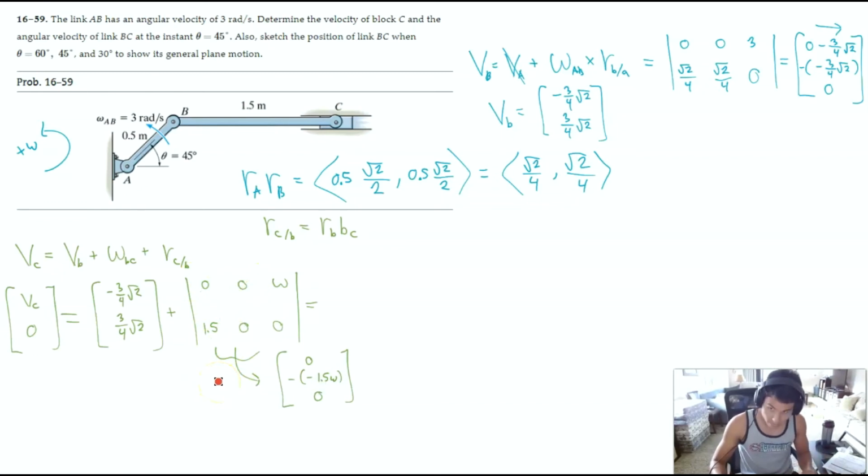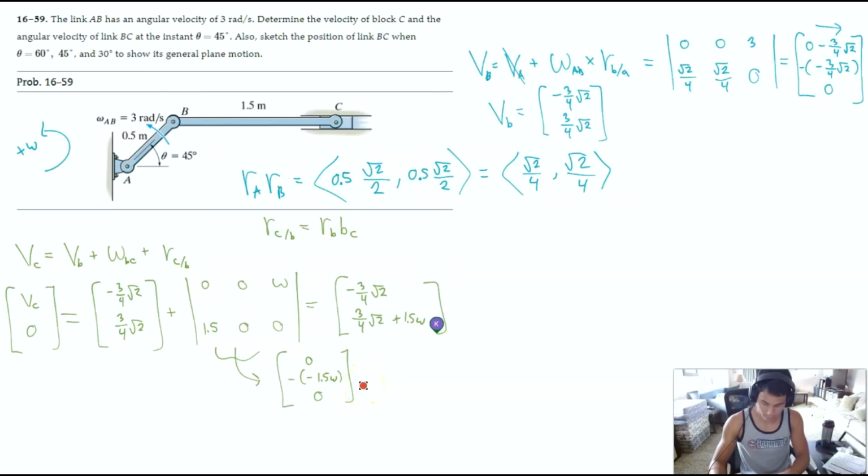So now when you add these together, you're going to get negative 3 over 4 square root 2 plus 1.5 omega. My bad. This is the i component. You would add 0 to this, so this plus this. This vector right here is the product of this cross. Okay, now you add this one to this, my bad: 3 over 4 square root 2 plus 1.5 omega.